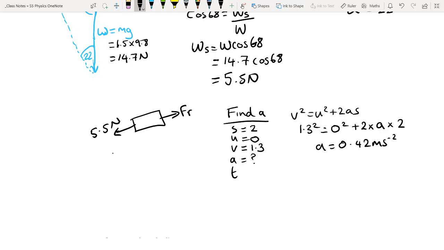Then we can use F equals ma. So it would be 5.5, take away the frictional force, is the mass times the acceleration that we just found out.